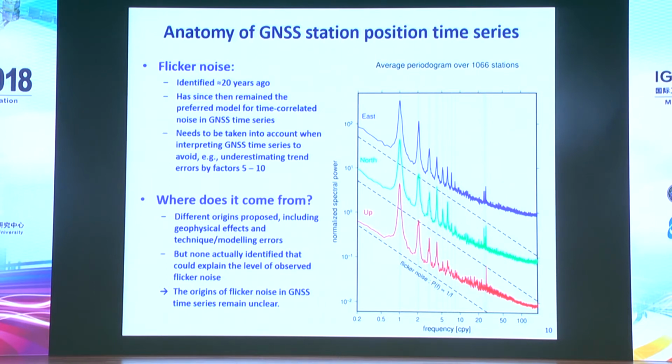So the origin of flicker noise in GNSS time series currently remains unclear, and that's the mystery we've been trying to unveil. So we first looked at time series from other space geodetic techniques such as SLR, VLBI, and DORIS, but those turned out not to be very useful for the purpose because of the higher level of white noise in those series than in GNSS time series.